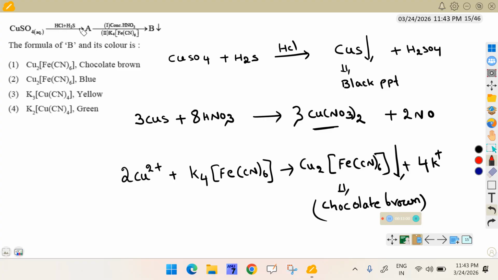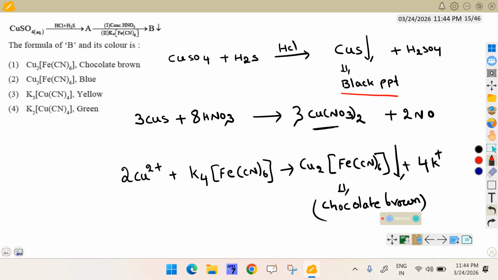CuSO4 plus HCl H2S gives A, which further reacts with concentrated HNO3 and K4Fe(CN)6, then gives B. The formula of B and its color is, see, according to this equation, CuSO4 reacts with H2S, then it gives copper sulfide.